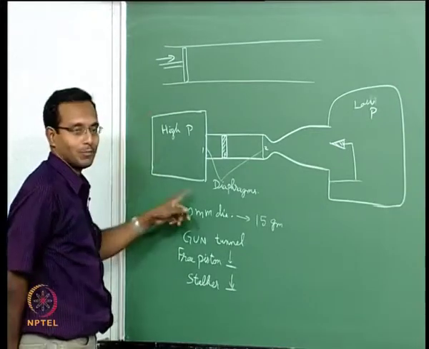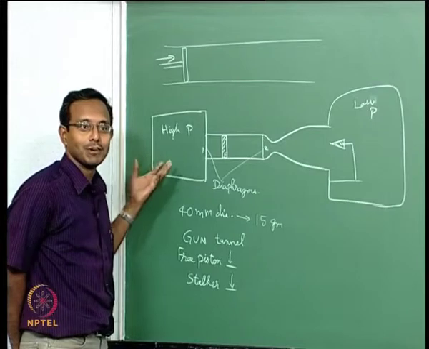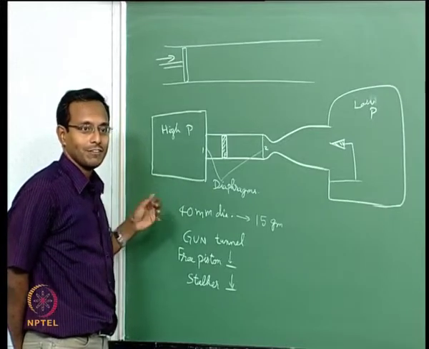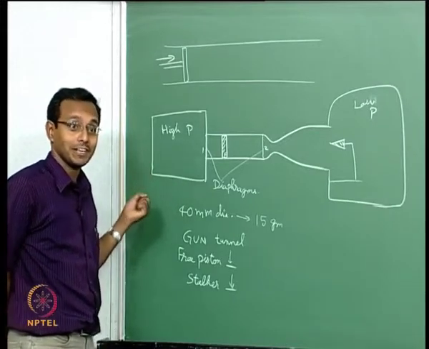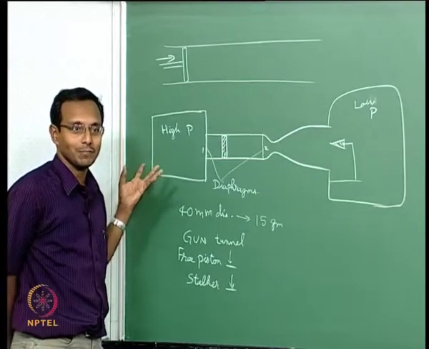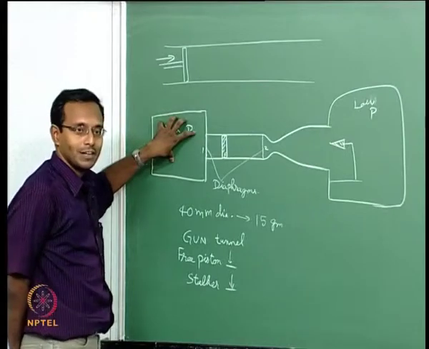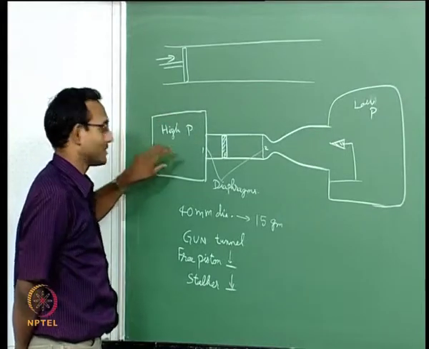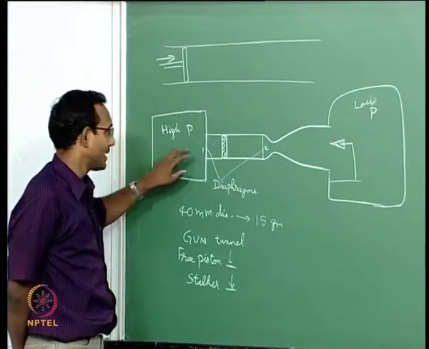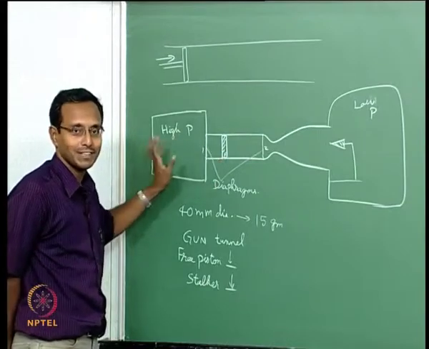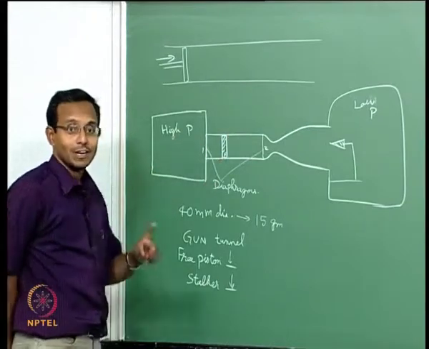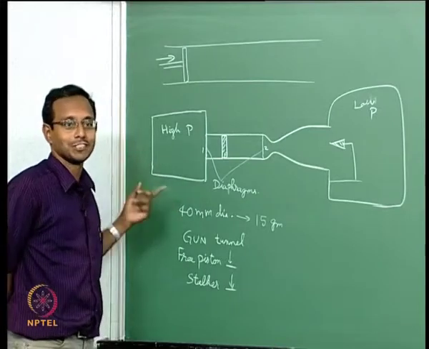So, it is a fixed volume tank, and the combustion will be a constant volume process. If I add heat at constant volume, it is going to create even higher temperature, and also pressure will increase. Eventually I will get high pressure, high temperature gas, and that can rupture the diaphragm and start the whole facility. Now, I am talking about another mechanism which creates the shock.